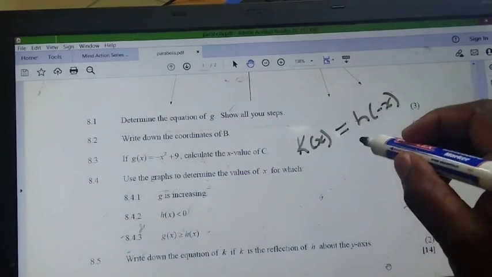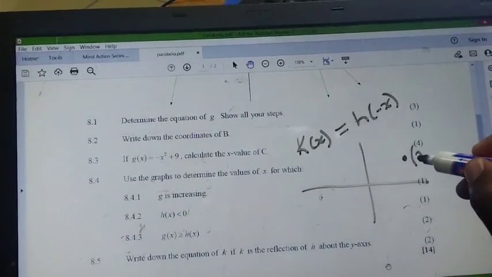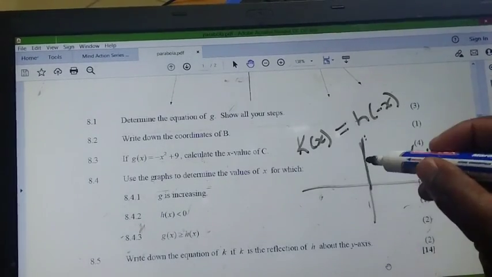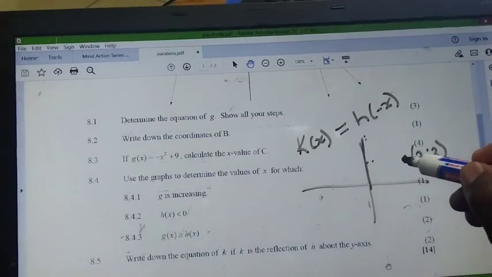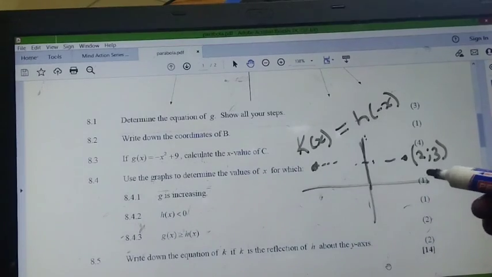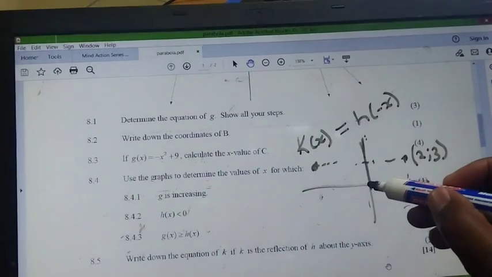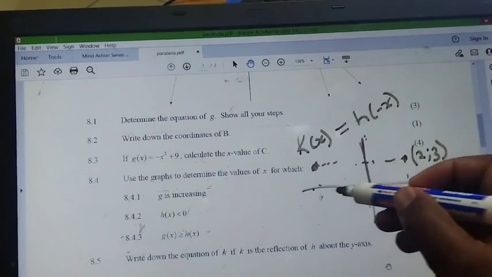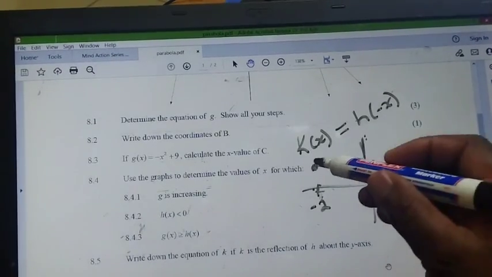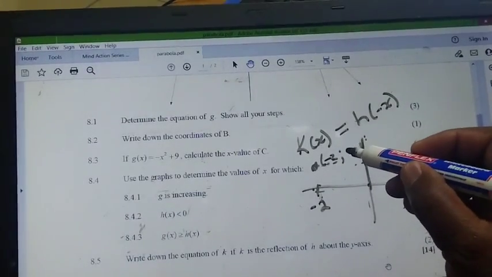Just to take a brief illustration, if you have a point here that is 2, 3, and you reflect it along the y-axis, the point's image will be on this side of the y-axis. The same distance is 2, so we will measure also 2 units in the negative sense. That means our new coordinate for x becomes -2. Our y coordinate will not change, so this point will be -2, 3.